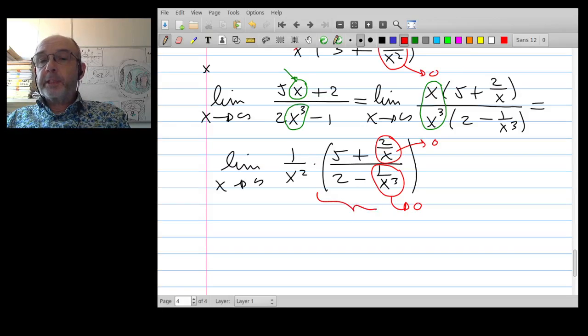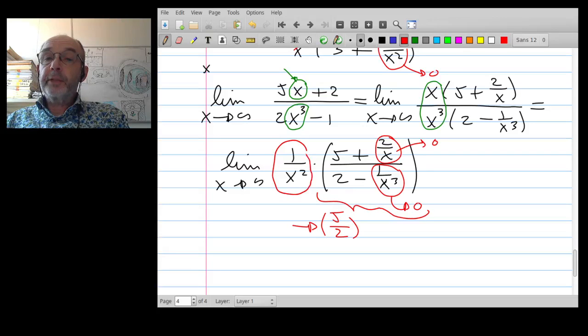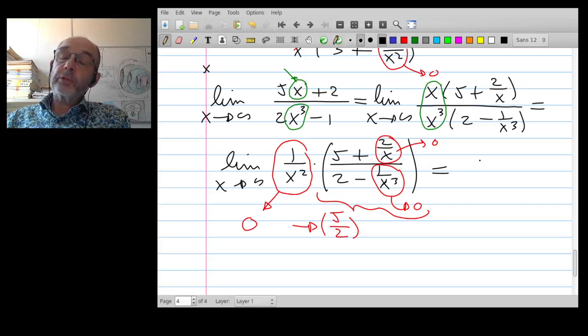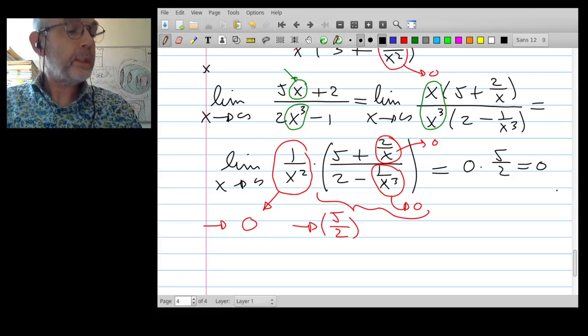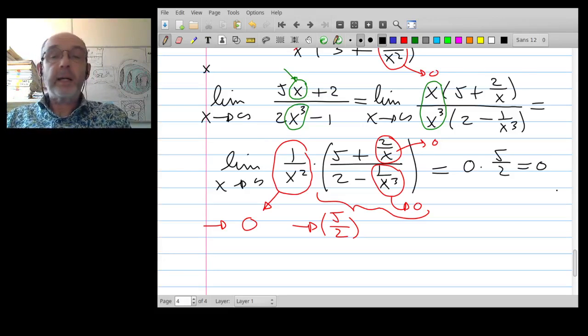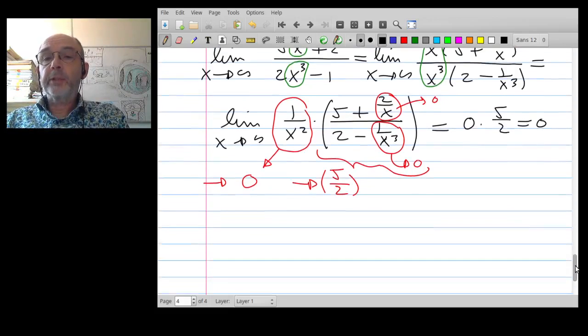So this expression here goes to 5 divided by 2. That's the limit. And then we look to this expression here, and I see if the x goes to infinity, you get 0. And so in a certain sense, you can use those rules which we have seen in the other chapter, that you get 0 times 5 divided by 2, and that gives you 0. No problems. So always look to the greatest term, get that out of your expressions, and then see what you can do with it.